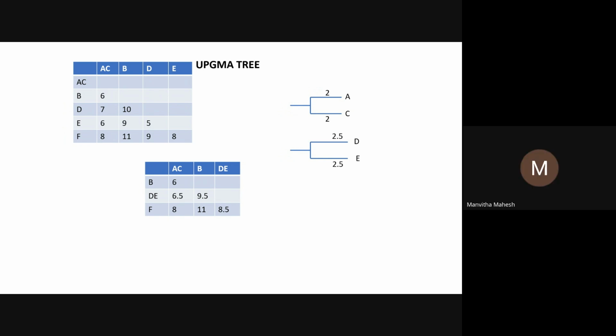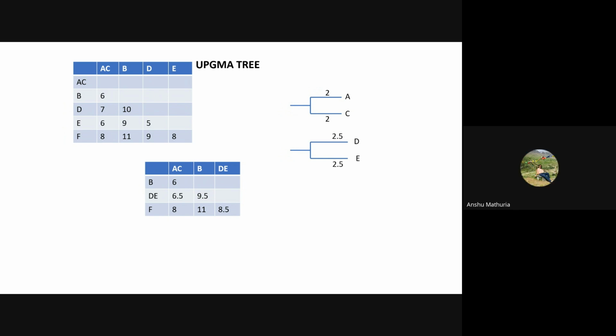Same, but we did only for DE. Why did you do just for DE? I asked you to construct the entire table. Yes, ma'am. I got the values 6.5, 9.5, and 8.5. Okay. And the rest is this. Okay, great. Both of you got it right? Yes, ma'am.